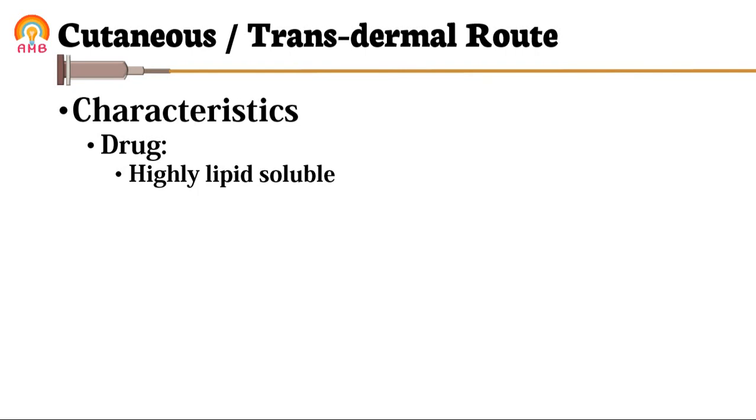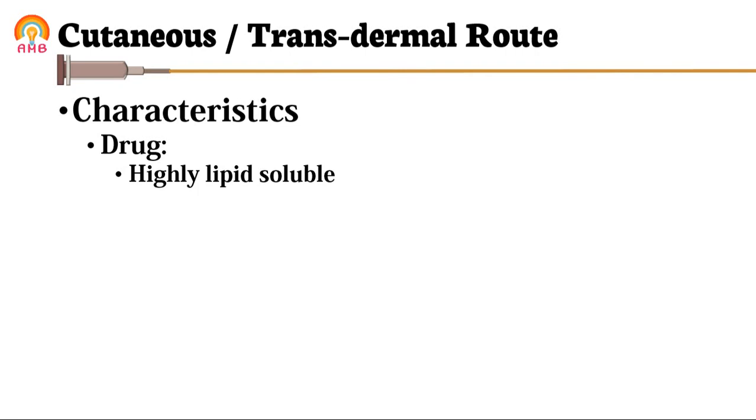So skin is having two layers, epidermis and dermis, and epidermis is the portion which is to be crossed by the drug, and this epidermis is mostly having the lipoidal barrier, and drug has to cross this lipoidal barrier. That's why drug should be highly soluble in the lipid to get absorbed into the blood vessels which are present in the dermis layer.